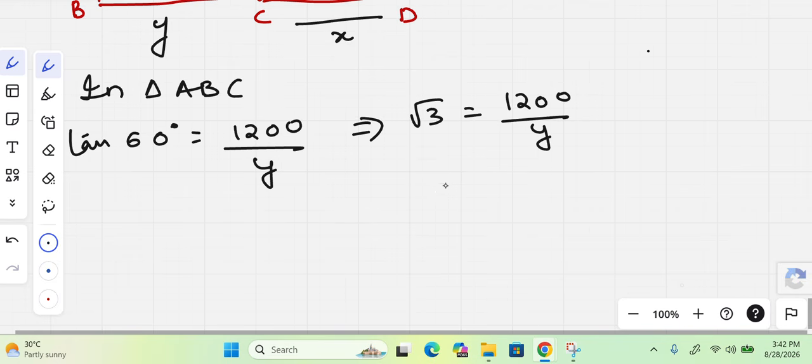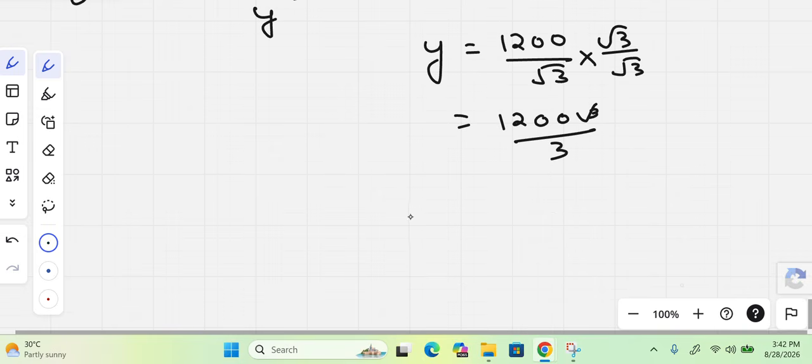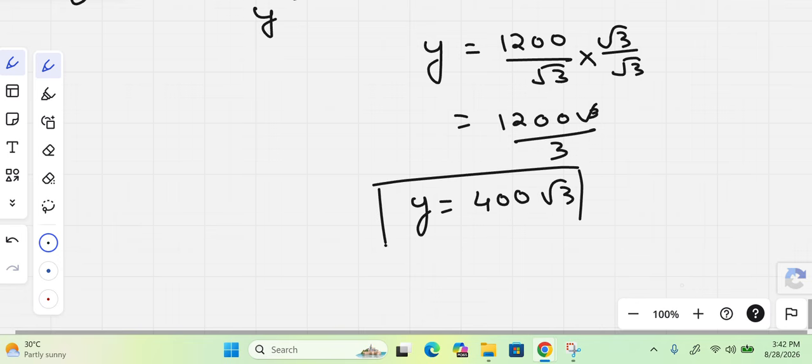So y is equal to 1200 by root 3. Rationalize up and down: 1200 root 3 by 3. So y is equal to 400 root 3. Again, this is one of the main points. We will stop there. Now we will go to the next triangle.